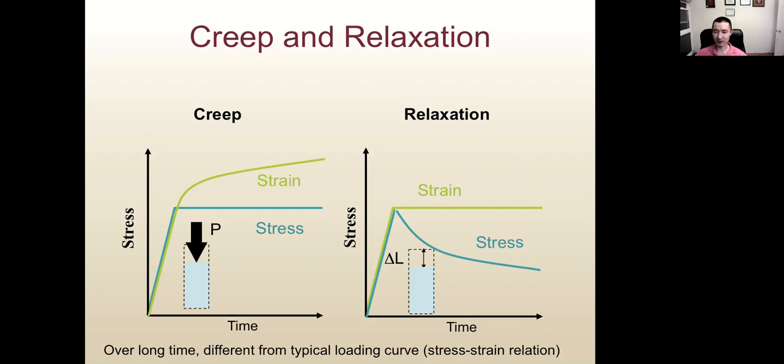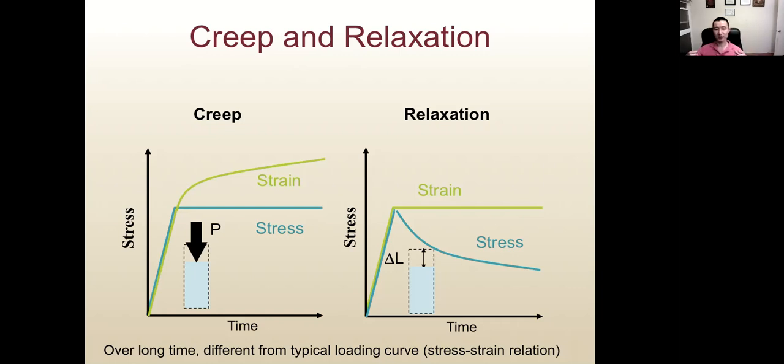Relaxation means we keep the strain constant. We keep the delta L constant. If we measure the internal stress of the specimen, the stress level will go down over time. So why does concrete have creep and relaxation?